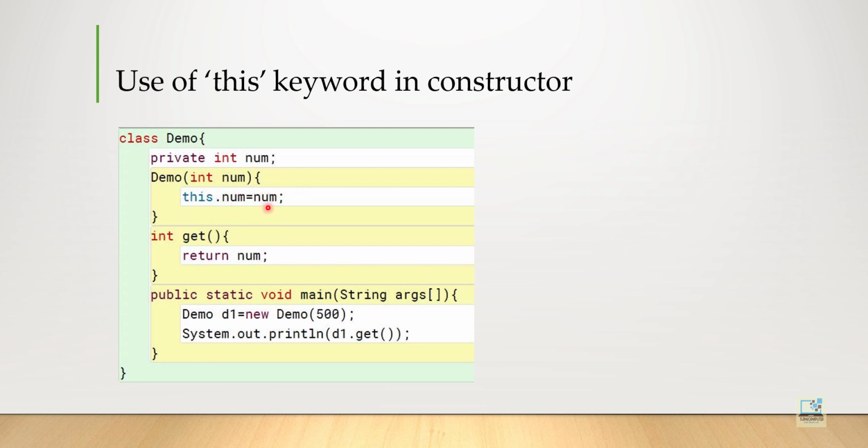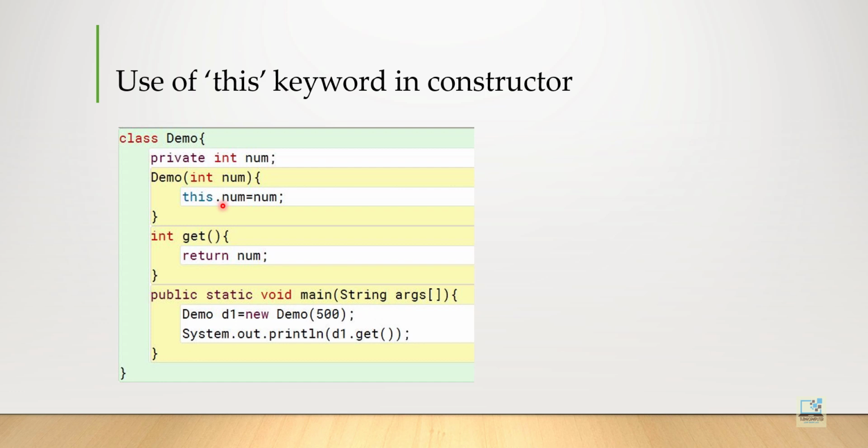In that case, whenever we use num directly, it refers to the local variable. So this.num equal to num means the number which we are passing through the constructor will be given to the instance variable. In simple terms, this.anything refers to the current object, the object for which the constructor is called.